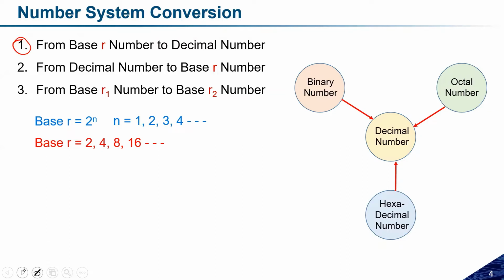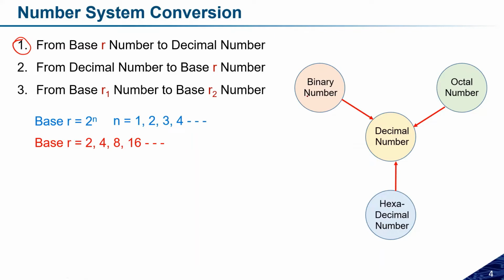In that case, I have to consider the base of the number which I am converting, and I have to multiply each digit with the weight of this number. I will tell you in detail later on. So the multiplication factor is important here.